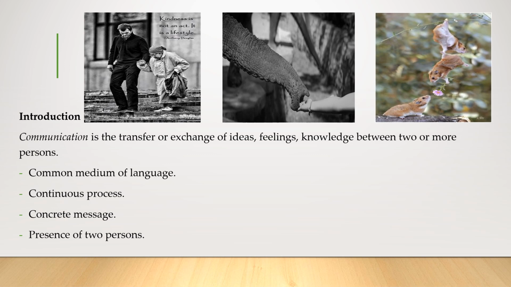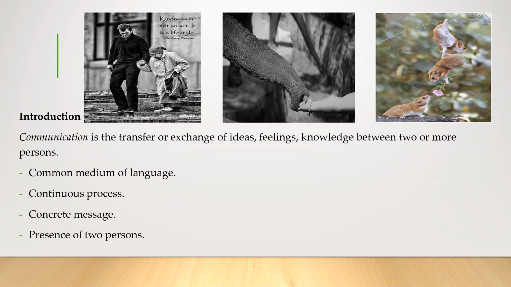Now you can see it on the screen as well. There are 3 beautiful pictures which have a very important message to convey. The first picture is of an old lady being helped by a young man to get down the steps which she is finding difficult to cross.